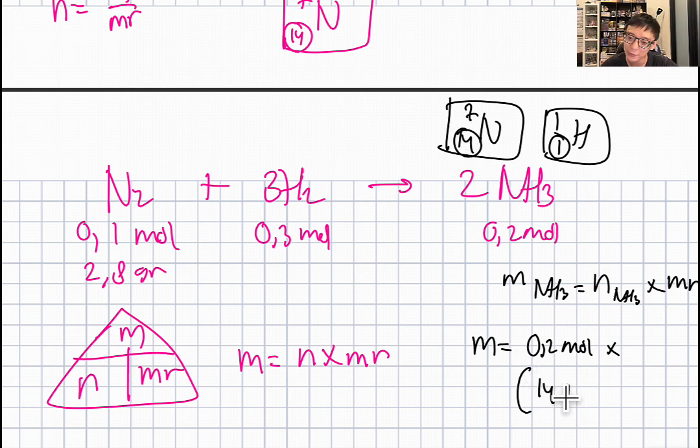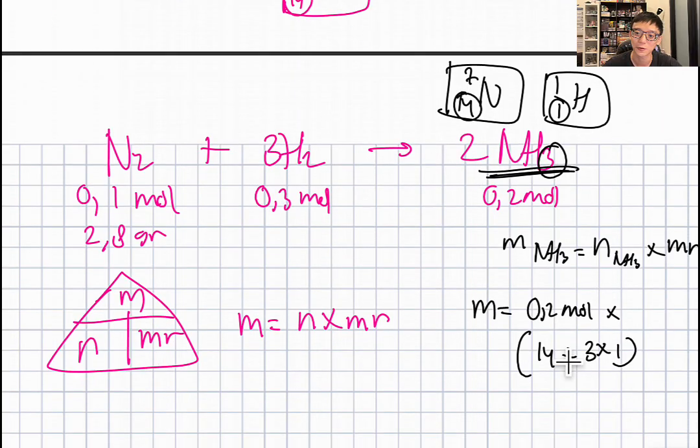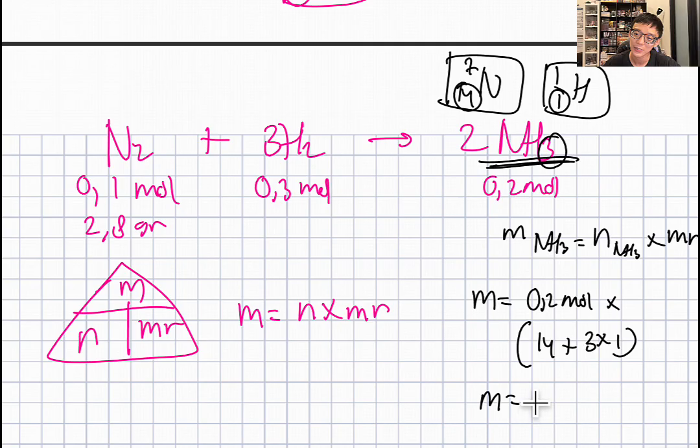So 14 plus 3 times 1 is the molecular mass of NH3. So the mass would be 0.2 multiplied by 17, or in this case 3.4 gram. Something like this.